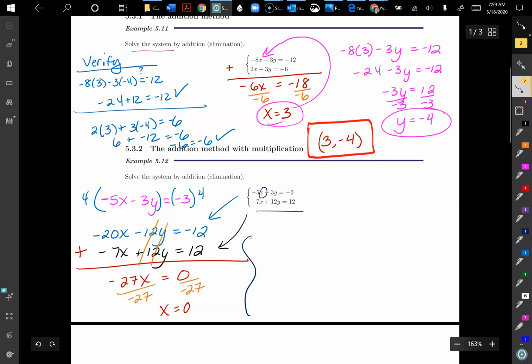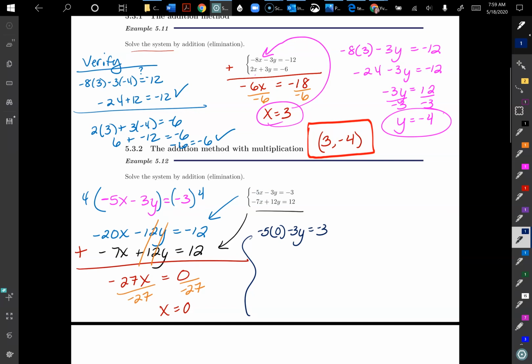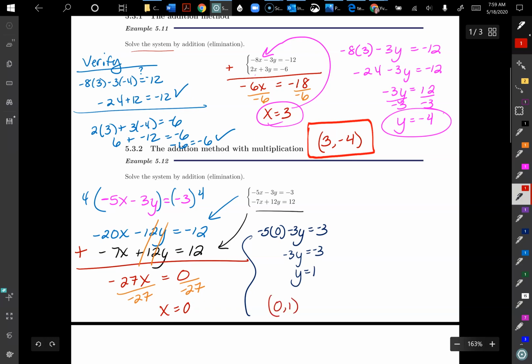So I'm just going to pick this top one. -5 times 0 minus 3y equals -3. And I would get 0 there. So -3y equals -3. And I get y equals 1. So my answer would be 0, 1. Okay.